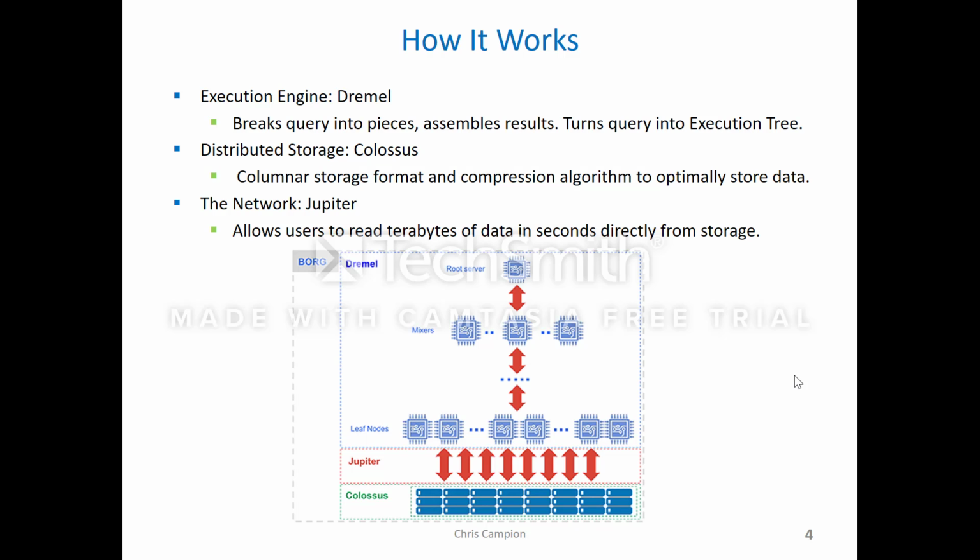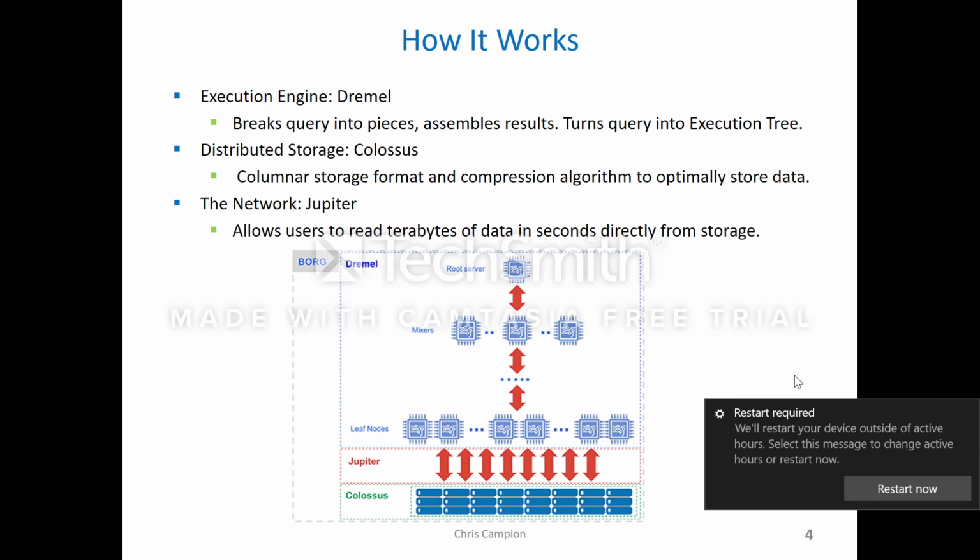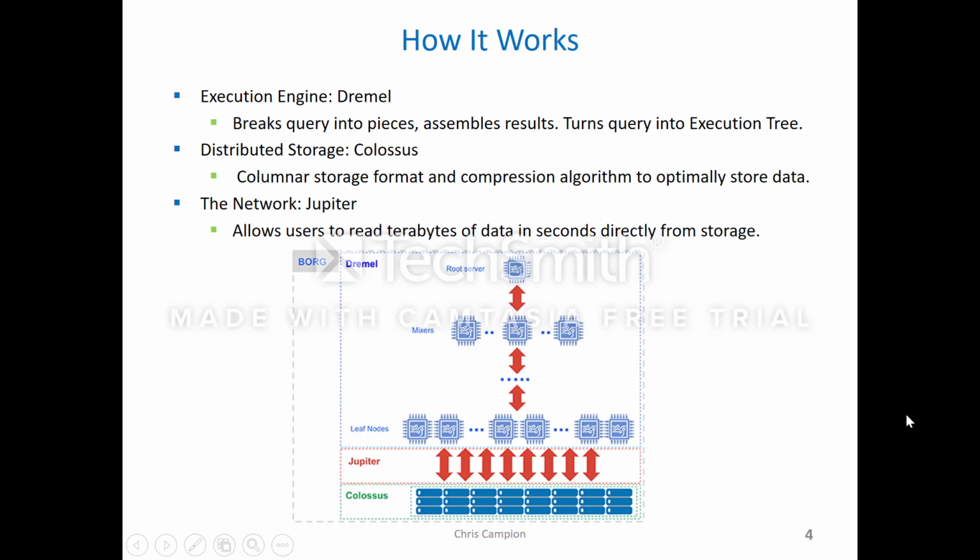And then there's the distributed storage known as Colossus, which uses a columnar storage format and compression algorithm to optimally store data. The network is called Jupyter, which allows users to read terabytes of data in seconds directly from storage.